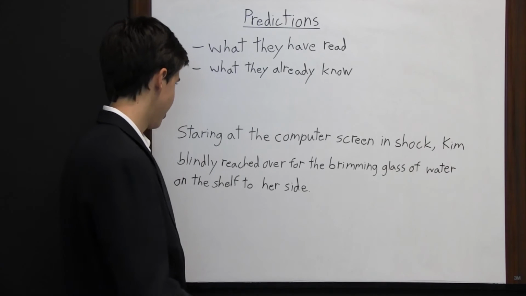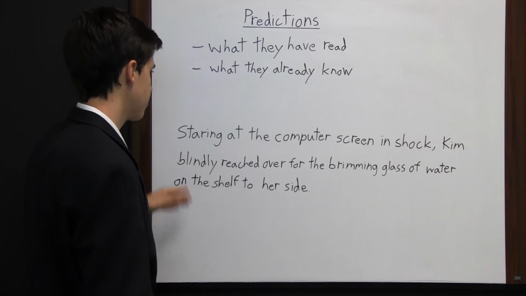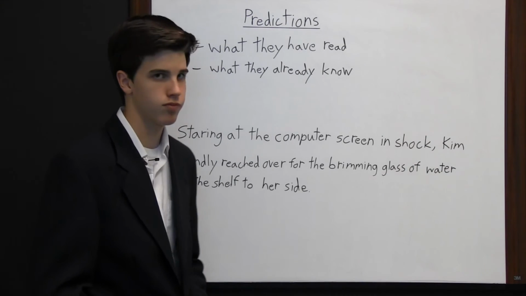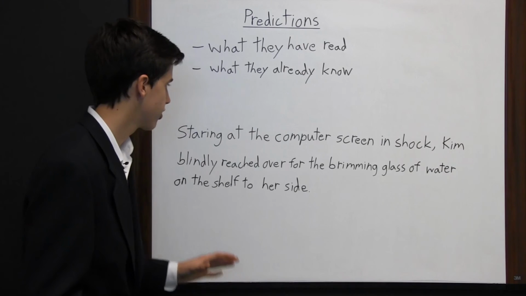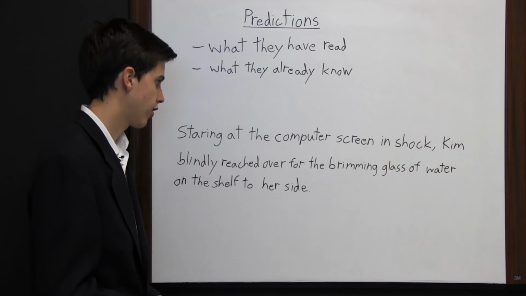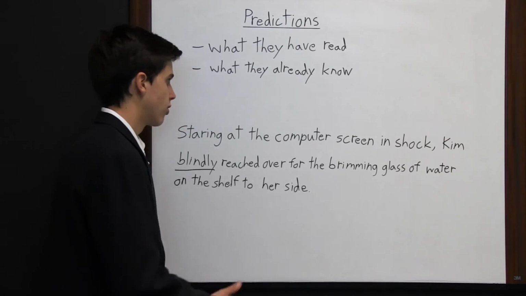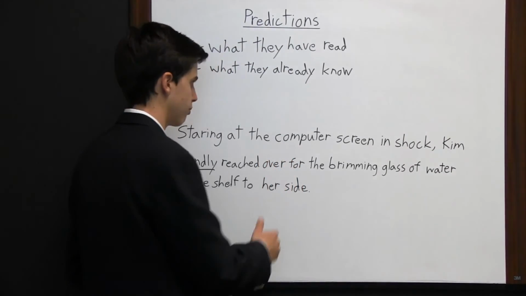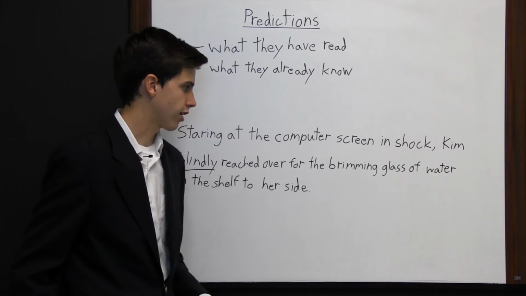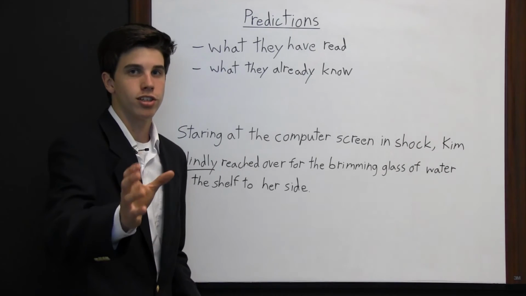So consider this sentence. Staring at the computer screen in shock, Kim blindly reached over for the brimming glass of water on the shelf to her side. The reader is naturally going to read this and have an idea of what is going to happen next, and will probably notice the word blindly. Kim is so caught up in what's happening on the computer that she goes for a drink of water, but reaches over without really looking at the glass to grab it.